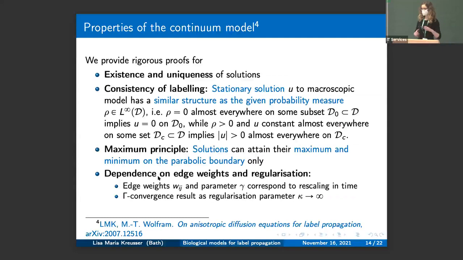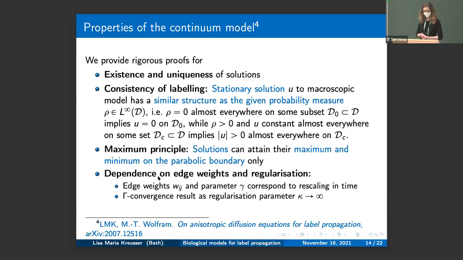So if the density in a certain subdomain of the domain is positive, then the label function U in this case is also non-zero, which is consistent with the fact that our labels were 1 and -1. So in fact, it will always be closer to one of those given labels. We also investigated a maximum principle and proved that solutions can attain their maximum and minimum on the parabolic boundary only.